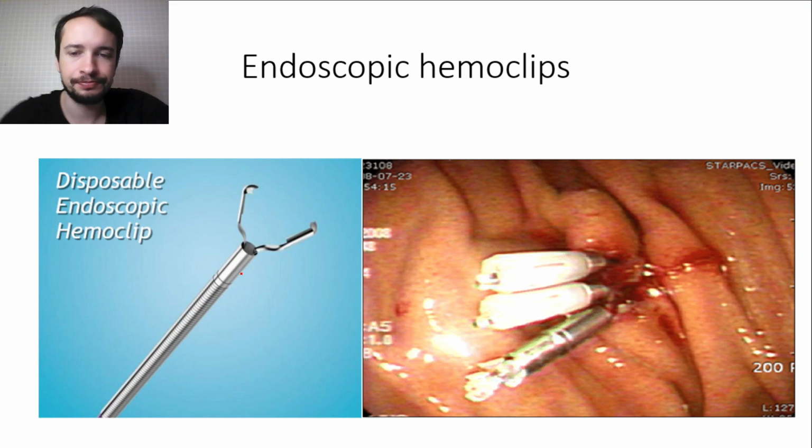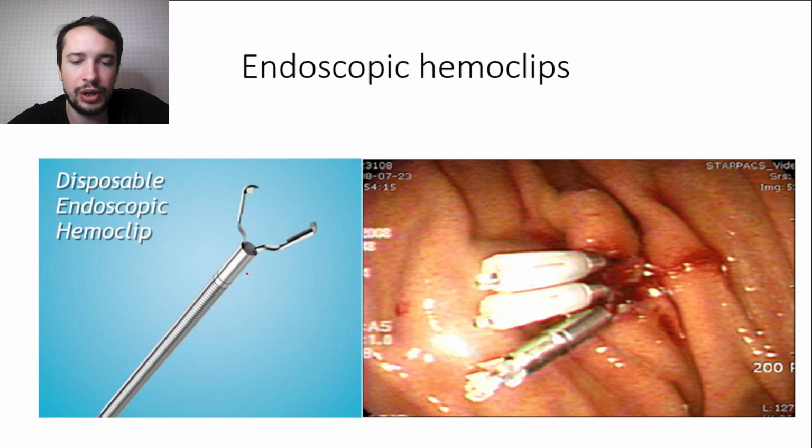Endoscopic hemoclips have recently been developed and made their way to the scene of endoscopic therapy for peptic ulcer disease. These devices are small, 3-4 mm titanium clips that can be opened and closed while being operated through the working channel of the endoscope. They may be used to pinch off or clip a bleeding vessel.